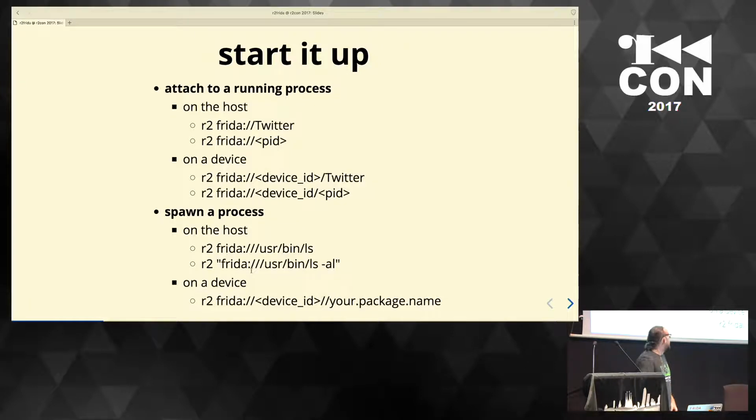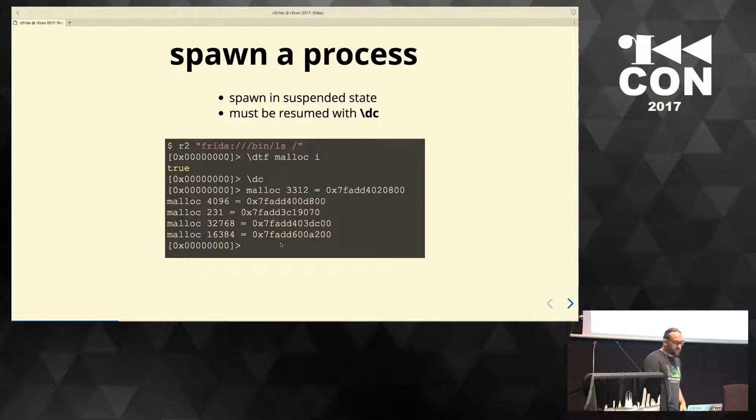To start it up, you just have to use the Frida URL scheme, and there are two ways to run it. You can attach to an existing process by specifying the name or the PID, or spawn a process by specifying the full path of the process, with arguments too if needed. On a mobile device, you have to specify the package name. When you spawn a process with Frida, the process is suspended, because this allows you to instrument everything before the application even has the chance to run any code.